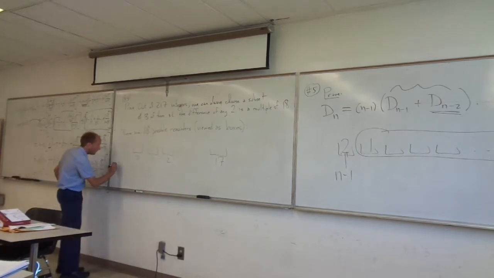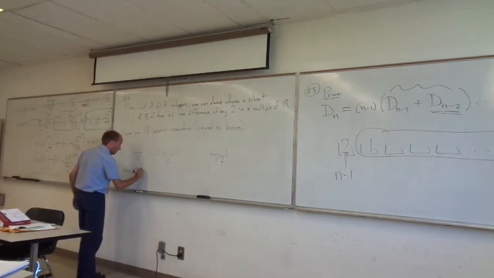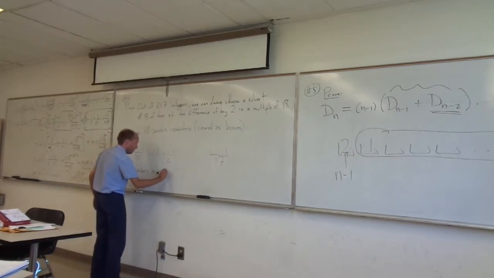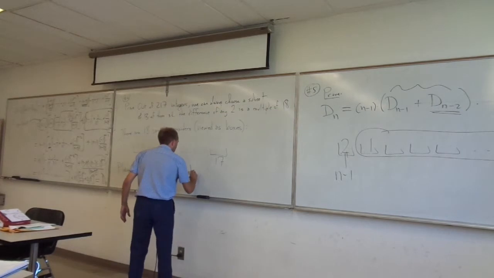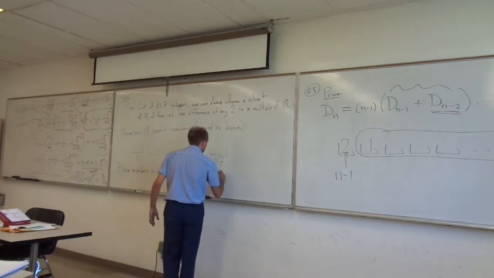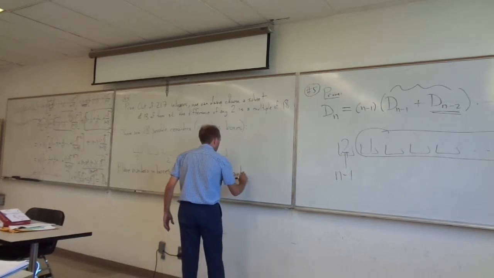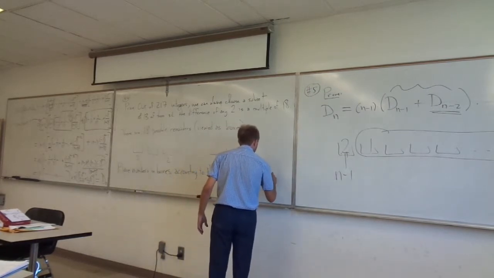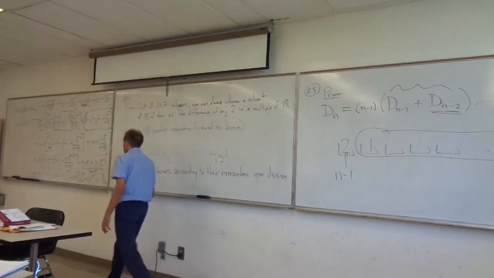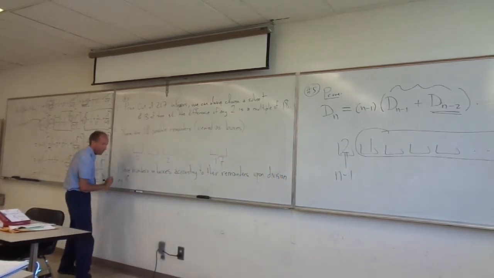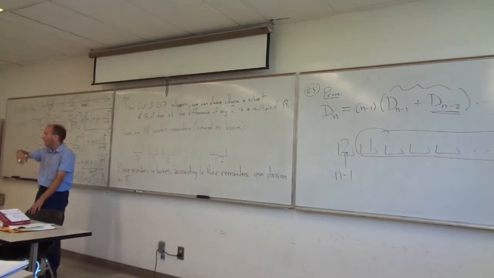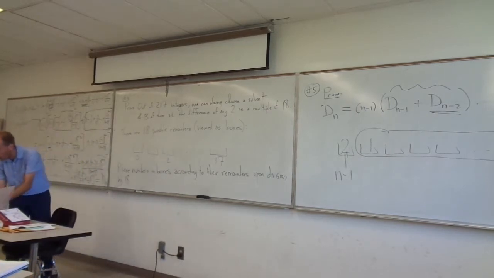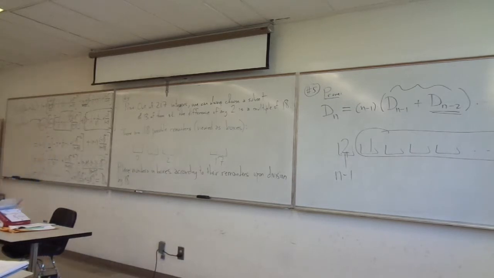So, place numbers in boxes according to their remainders upon division by 18. You divide each of them by 18, write down the remainders, and you'll have 217 objects in these boxes.